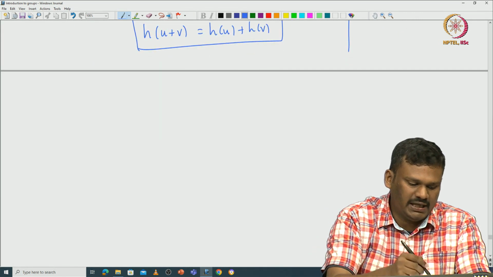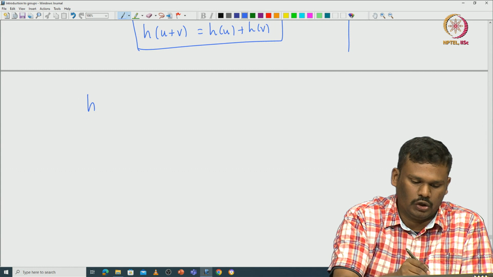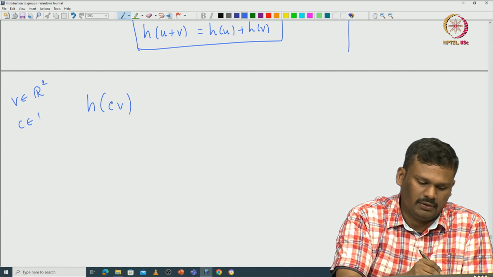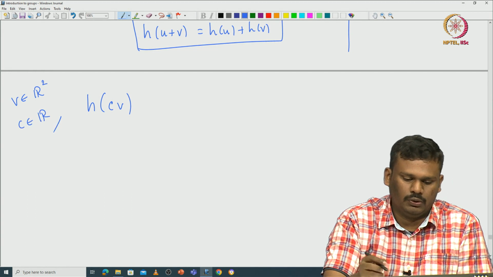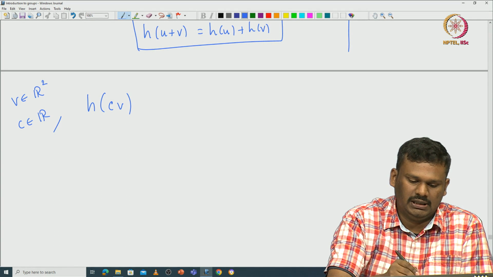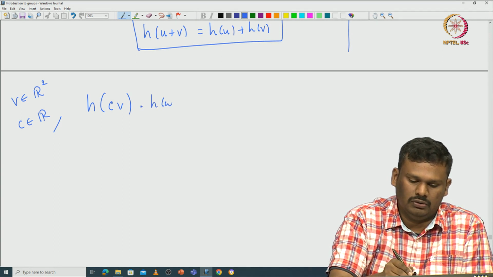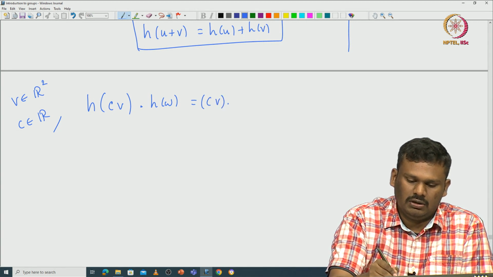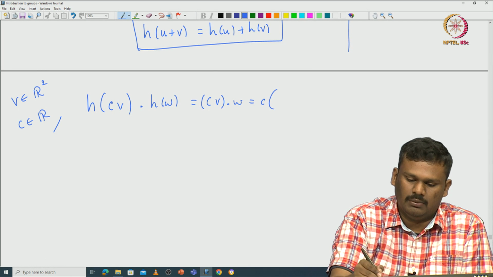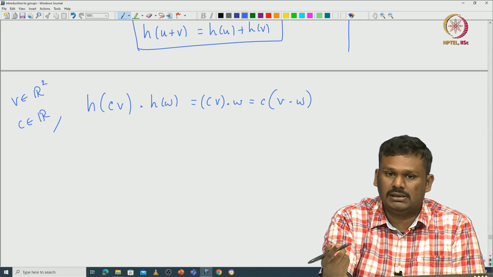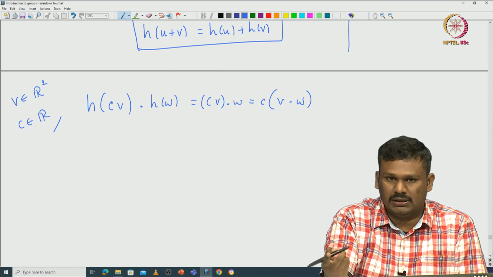Similarly, you can do the same kind of argument for H of c times v, where v is coming from R2 and c is coming from R. So, you compute H of cv dot H of w. You can see that this is exactly going to be cv dot w, where c will come out. Here we are using that this inner product is linear in both variables.